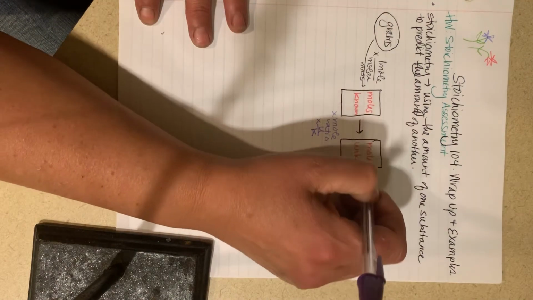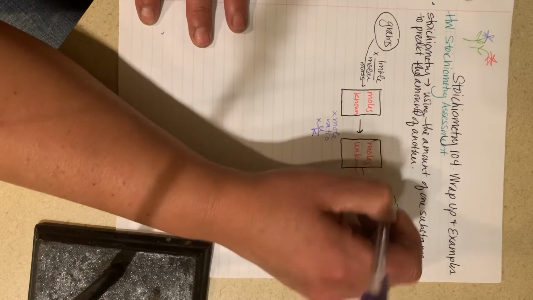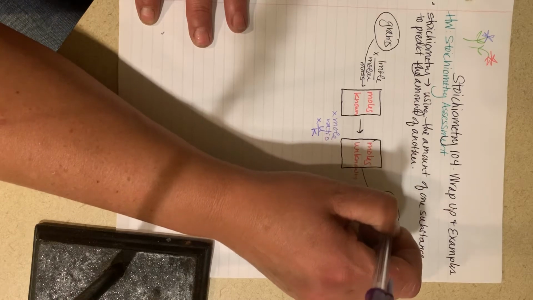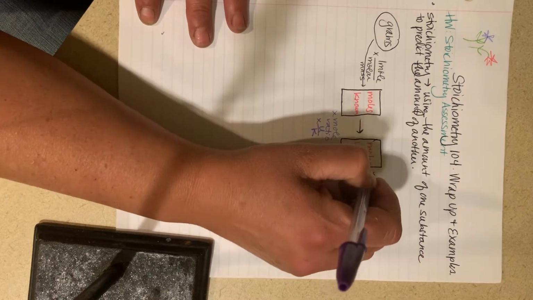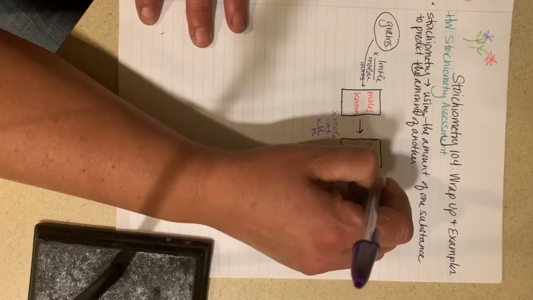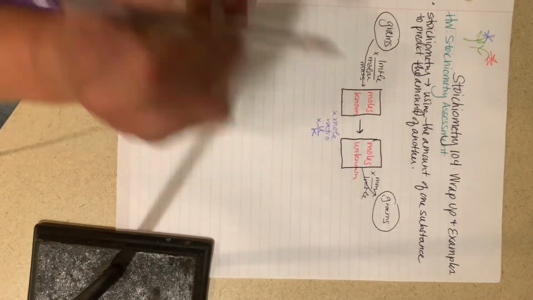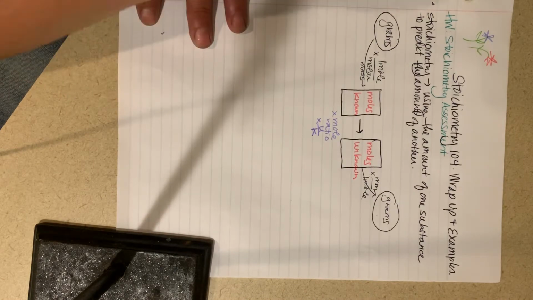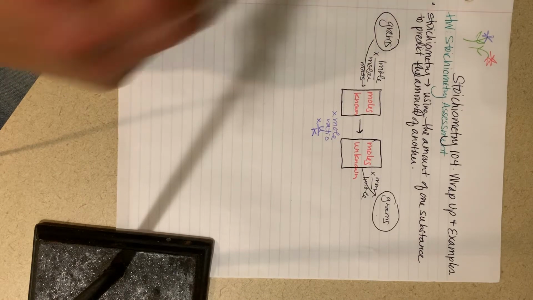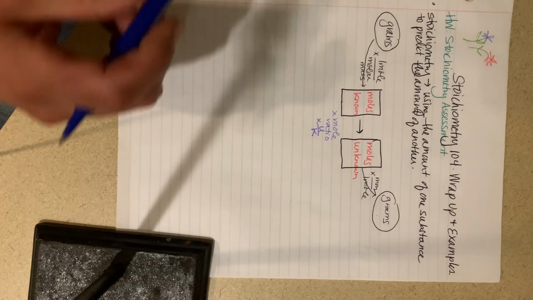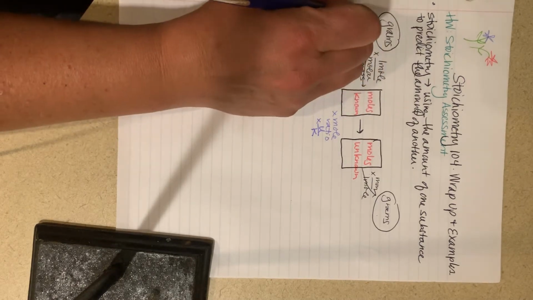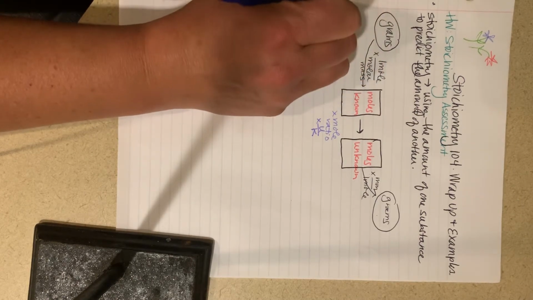And then if you're asked to answer in grams, then you would multiply by 1 mole on the bottom and the molar mass on top of the unknown substance.